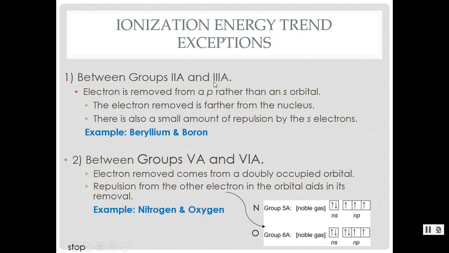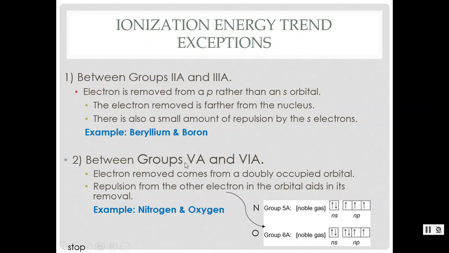Once you get to group 3, where boron is, now you have p orbitals, and those p orbitals are farther away from the nucleus. There's also a little bit of repulsion by the s electrons in the group 2 elements, and so for those two reasons, the ionization energy for boron is smaller than for beryllium.